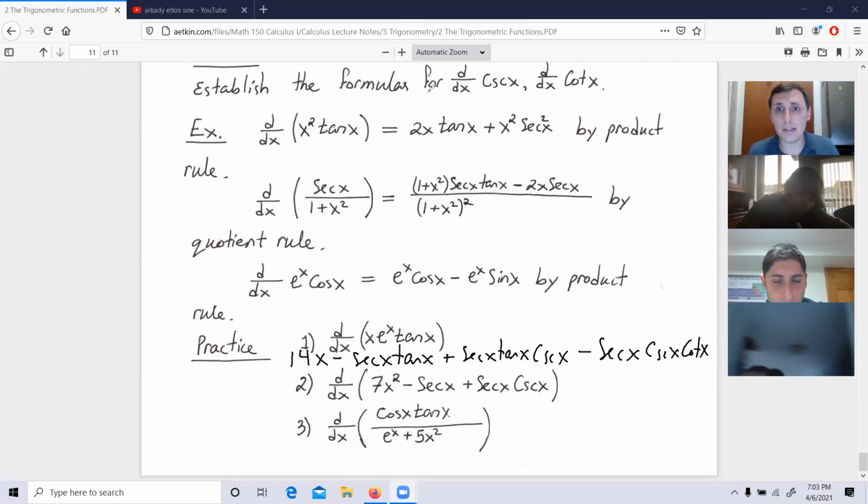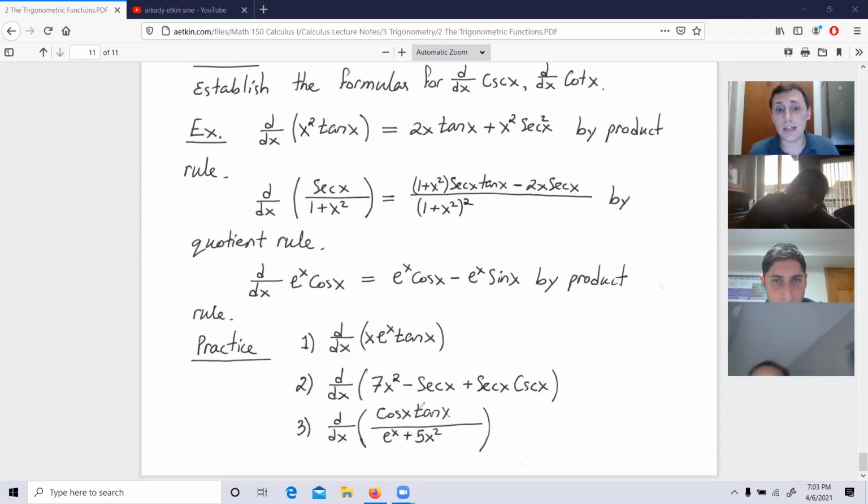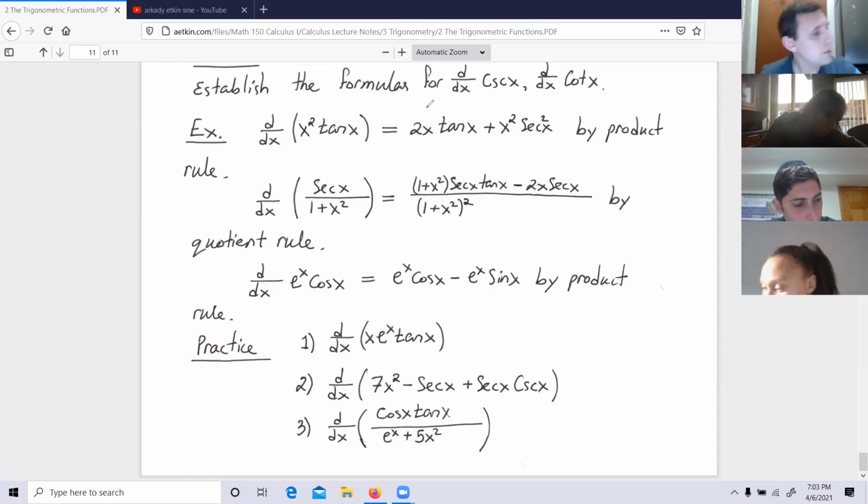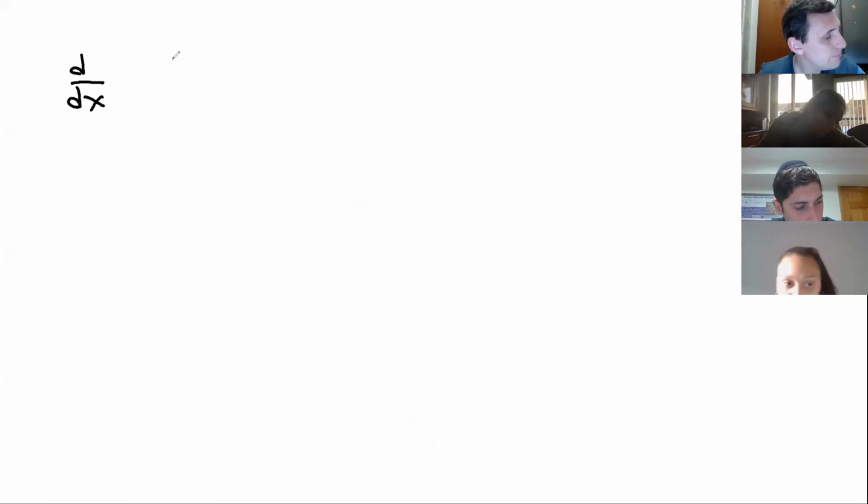One last question, guys. It's this annoying question. Cosine x times tangent x divided by e to the x plus 5x squared.